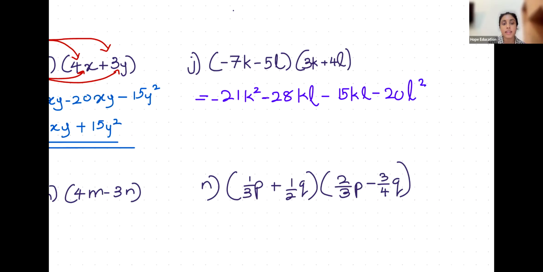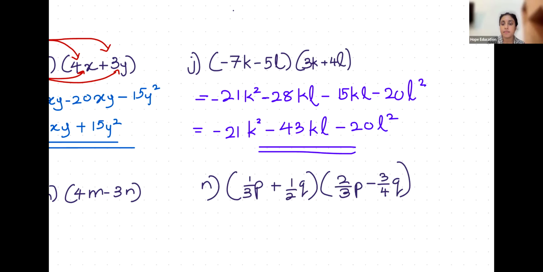Then I get minus 21k squared. Here minus 28kl minus 15kl. Now both are minus, so 28 plus 15 is 43. And the answer keeps the minus. So minus 43kl minus 20l squared.